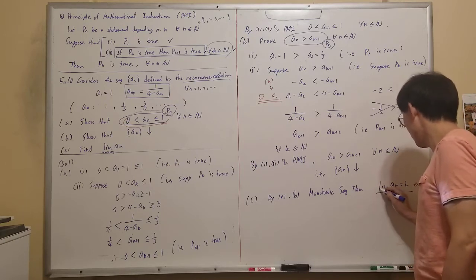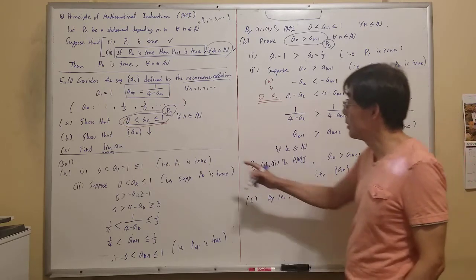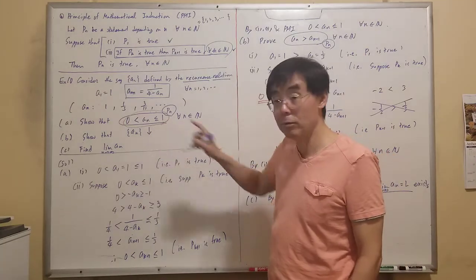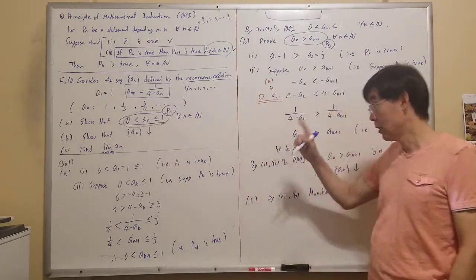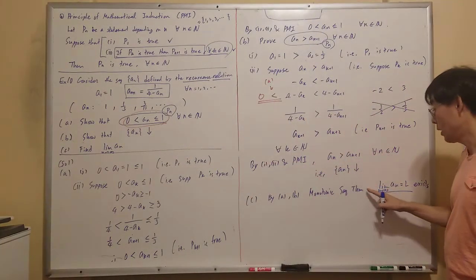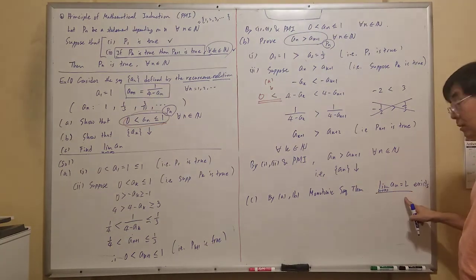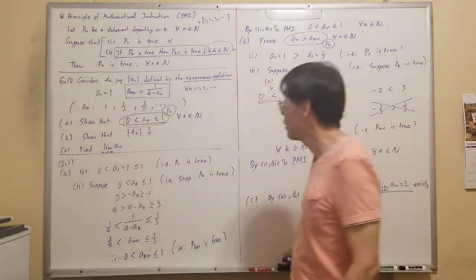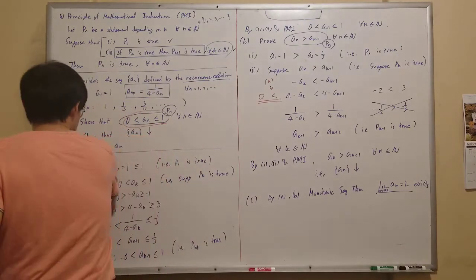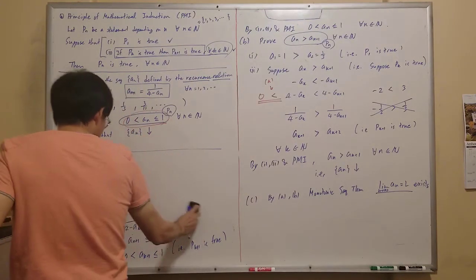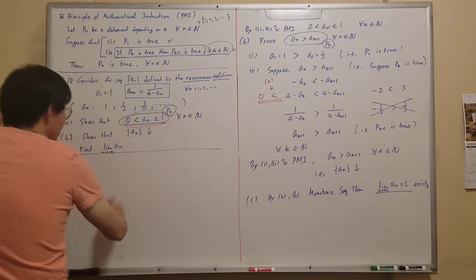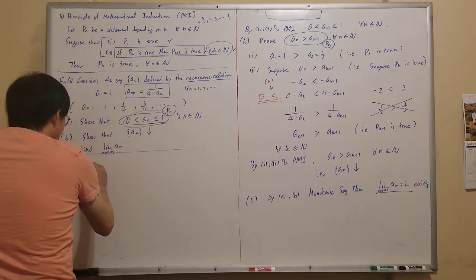Because we just showed that our sequence is decreasing, monotonic, and bounded. The monotonic sequence theorem says that such a sequence is always convergent, which means the limit exists. Okay? So, just like the previous, we just take the limit of both sides.